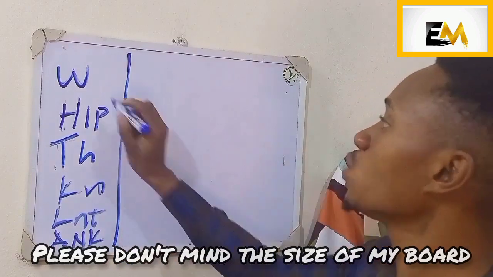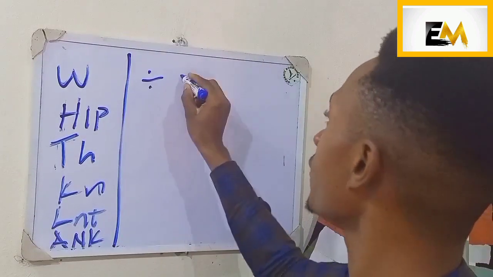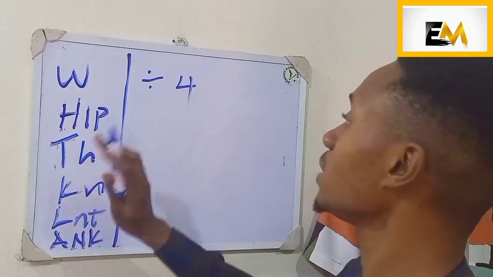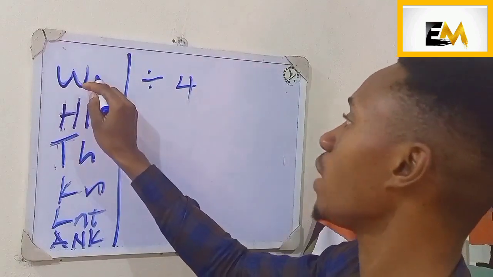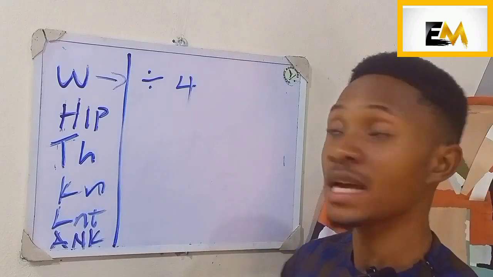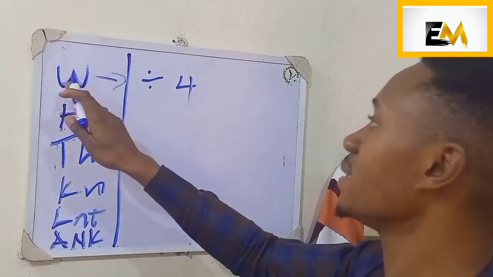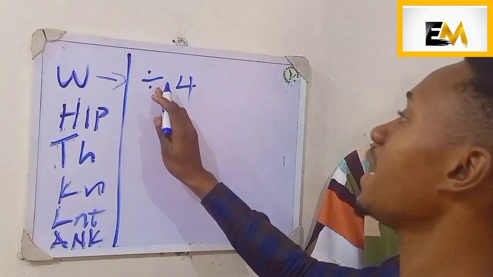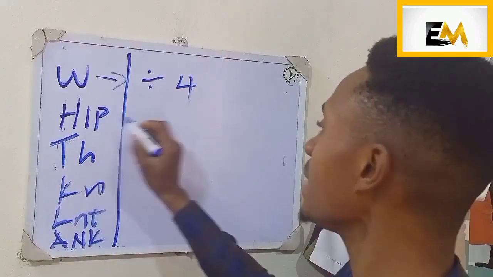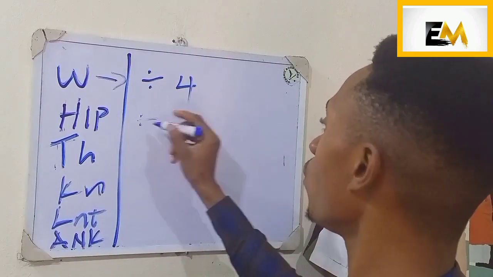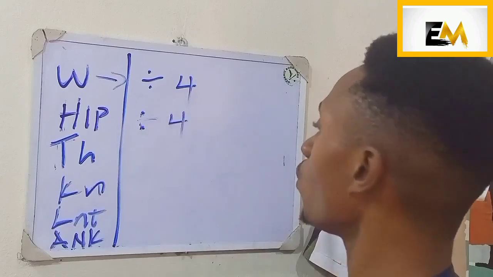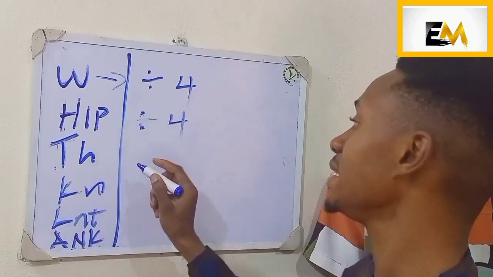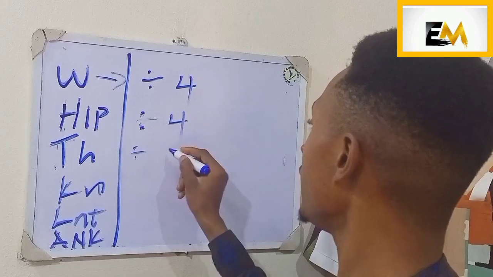So waist is always divided by 4. Hip, whatever you get after you have measured the client, let's assume waist 32, you always divide by 4. Same as the hip, divided by 4. The trouser thigh is divided by 2.